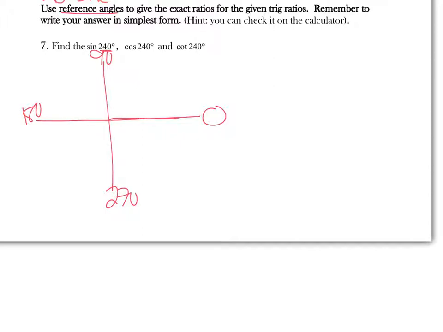So if I'm starting here at my initial side and I'm going 240 degrees, that puts me somewhere in here for my terminal side, okay? So I kind of have to decide though, well, if this is 180 and this is 240, what is the distance between those? Because that's this angle right here. And it's actually, what is it, 60?